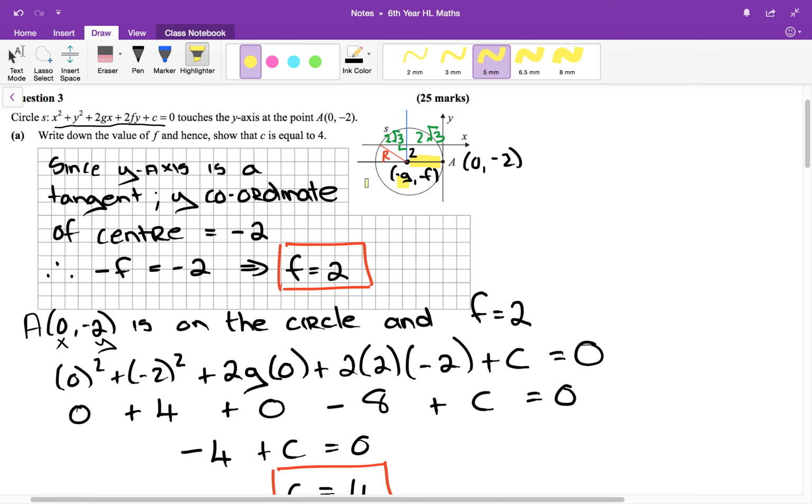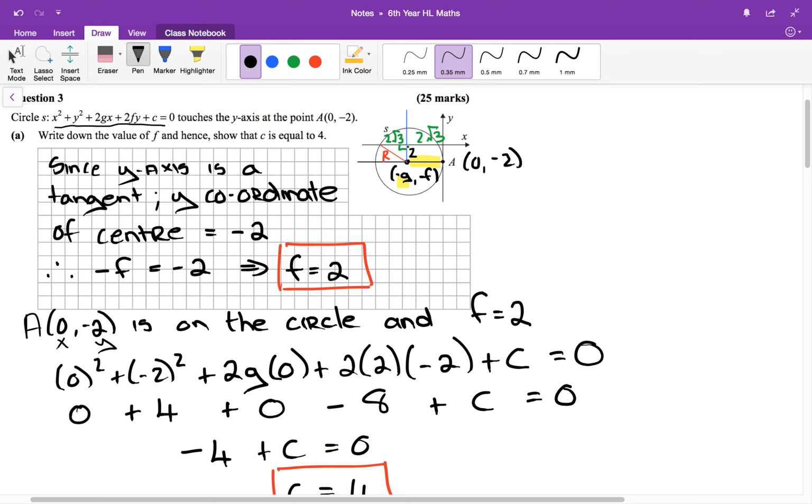So if we can figure out what the radius is, then we'll know what g, the x-coordinate of the centre, is. I drew this blue line straight up the centre. A line that goes through the centre is a perpendicular bisector on a chord. So I have the little perpendicular sign in here, a 90-degree angle, and it cuts the chord in half, so you get 2√3 and 2√3.